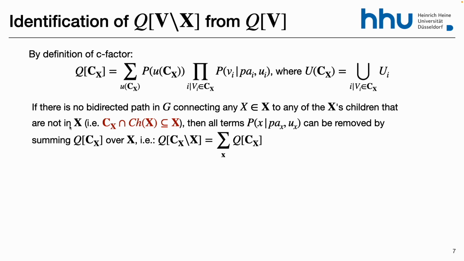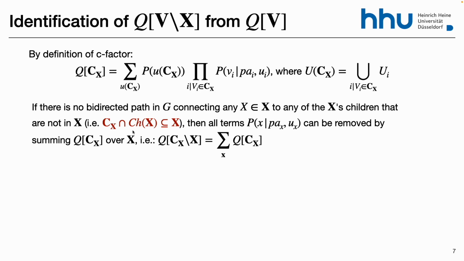If you have this, which can be explained by this red part here, then the C components of all the X's together, intersection with the children of these X's, can only have the X's. So basically, is this clear or not?